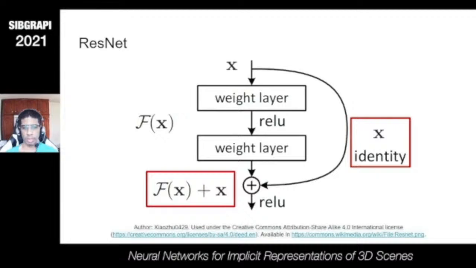And this works because of a few mathematical properties that come from strong mathematical concepts such as wavelets, which also operate in this residual way, but I don't have time to make a deep discussion about that.